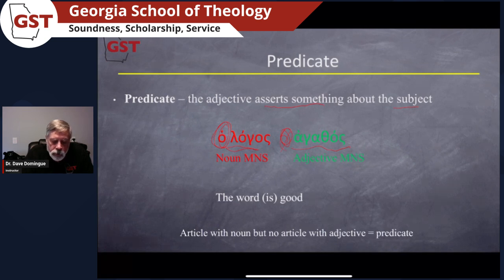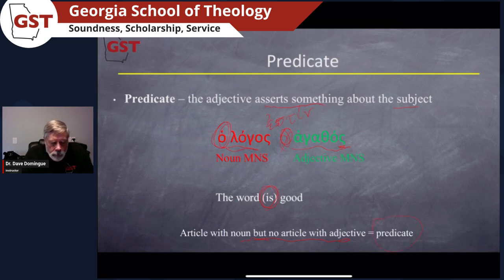The logos agathos, both still in the masculine singular, and implied is the verb estin. So the article with the noun, but no article with the adjective, will be in the predicate position.